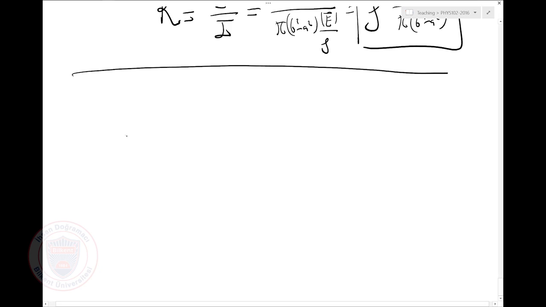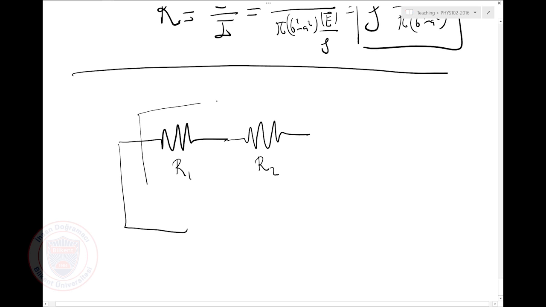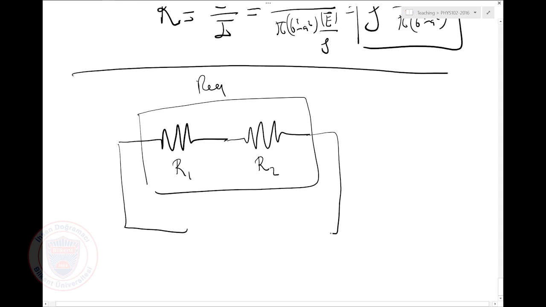For example, if I take two resistors, R1 and R2, what is the equivalent resistance of this circuit? Well, if I tie up this circuit to a battery with V volts, it's going to create a current I.